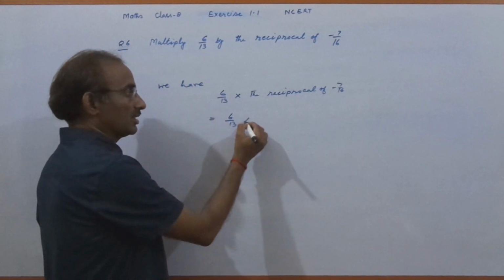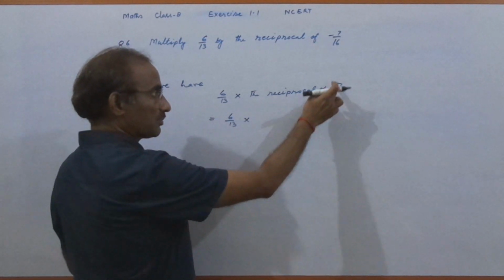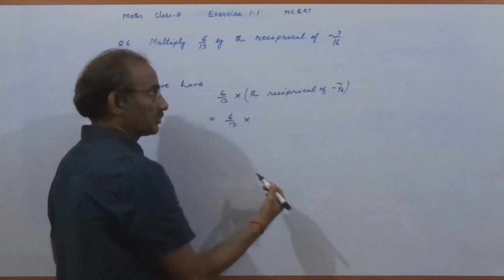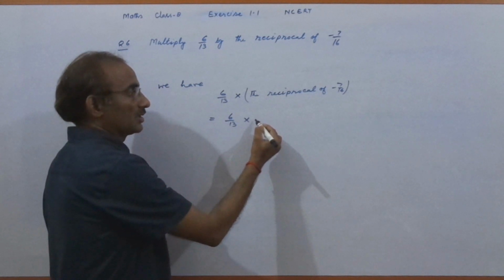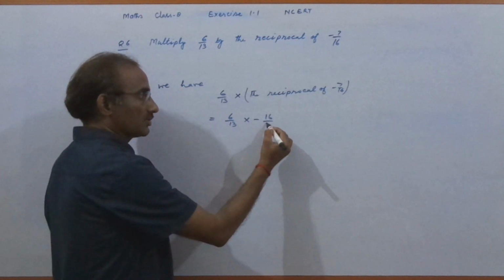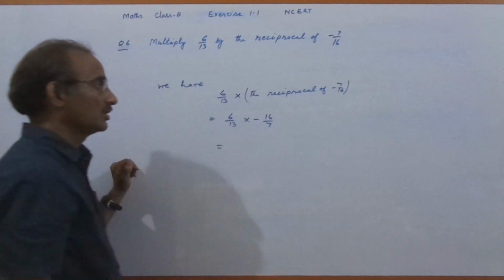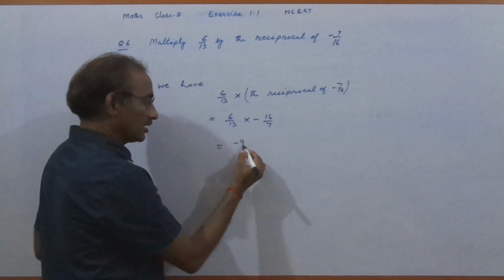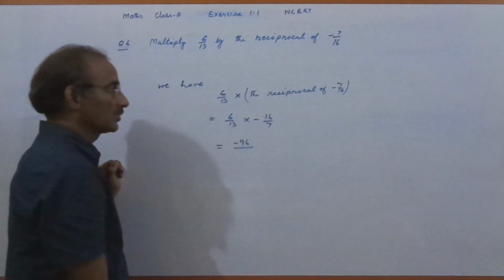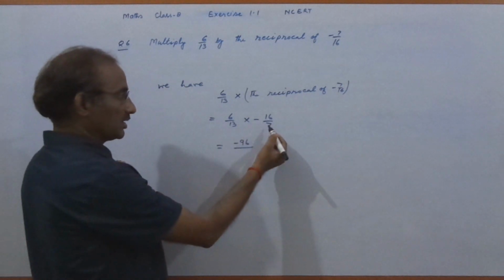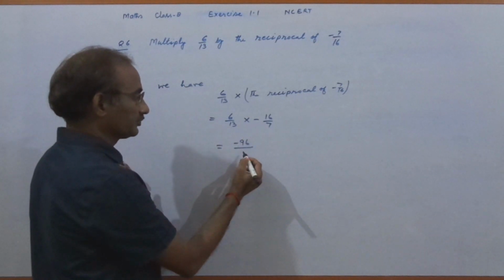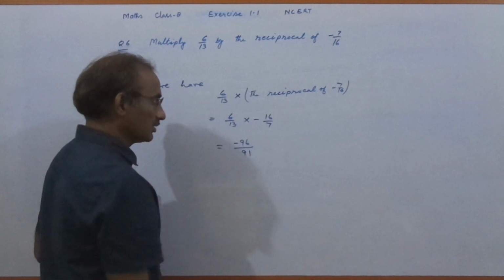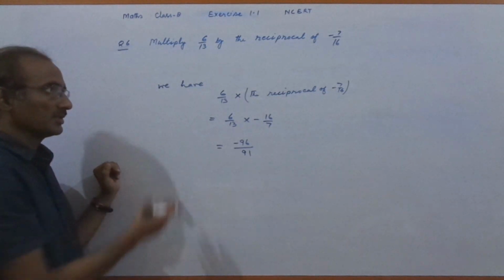So 6 upon 13 is multiplied with the reciprocal of minus 7 upon 16. The reciprocal of minus 7 upon 16 will be minus 16 upon 7. Now multiplying 6 with minus 16, we get minus 96, and 13 is multiplied with 7, so it is 91. This is our answer.